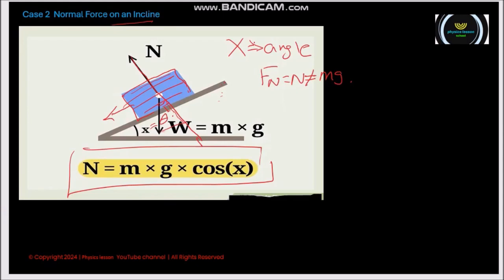But in the case of an inclined plane, if you see the object is on an inclined plane that has angle x or angle theta, it depends, then we calculate the normal force by using mg cos theta or x.